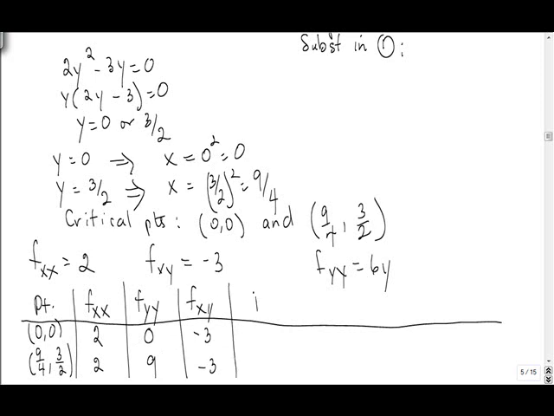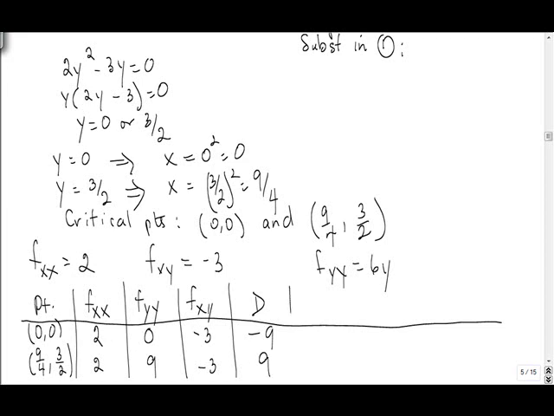Then put D. So calculate D. So remember what D is? The product of the first 2 minus this one squared. So 2 by that, that's 0 minus 9. So that's a minus 9. And 2 9s are 18 minus 9. That's a positive 9.